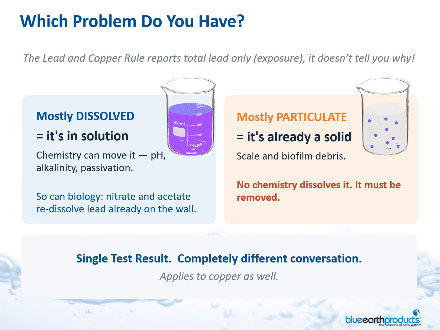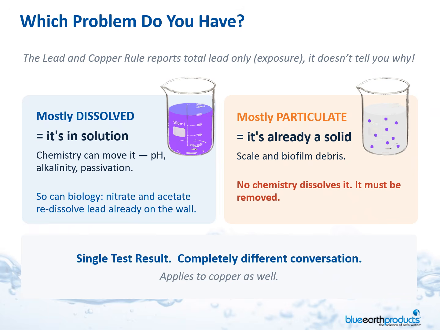So here's what the lead and copper rule does measure. It measures total lead. But total lead can be broken up into two different components: the dissolved lead and the particulate lead. And you can't determine the difference between the two with that required test because it's preserved with an acid. So we have to have a way to determine how much is particulate and how much is dissolved, because the conversations are completely different.